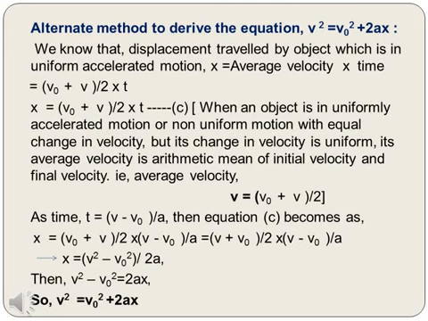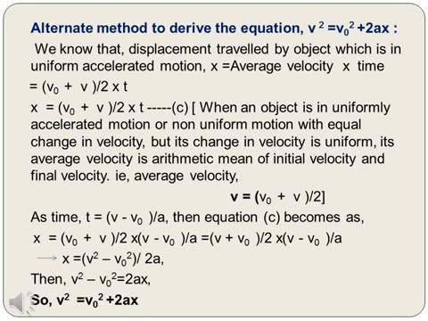You know that the displacement traveled by an object in uniformly accelerated motion, x, is equal to average velocity into time, which is equal to the sum of initial velocity and final velocity divided by 2 into the time taken by the body, which is equal to (v0 plus v) divided by 2 into t, which is equation C.